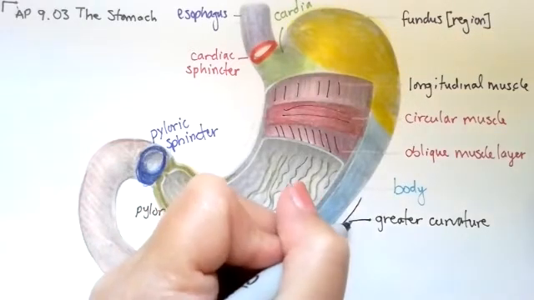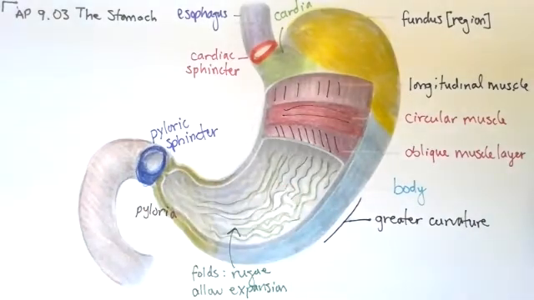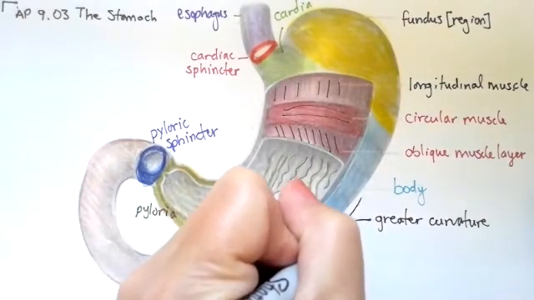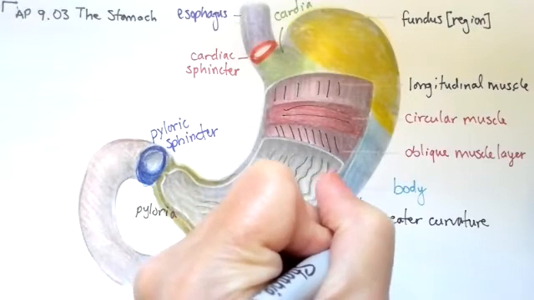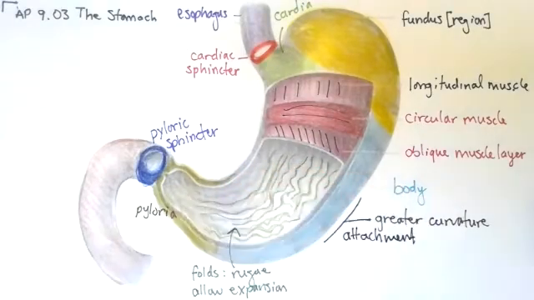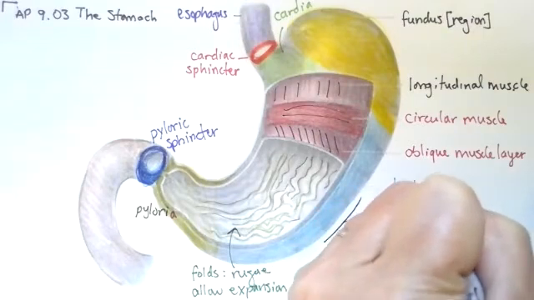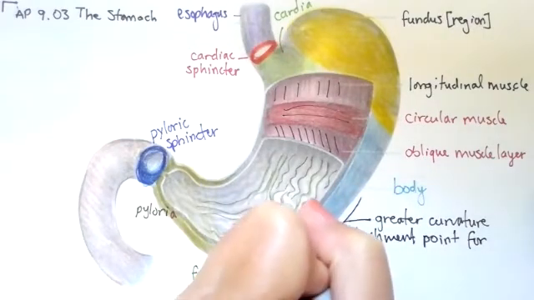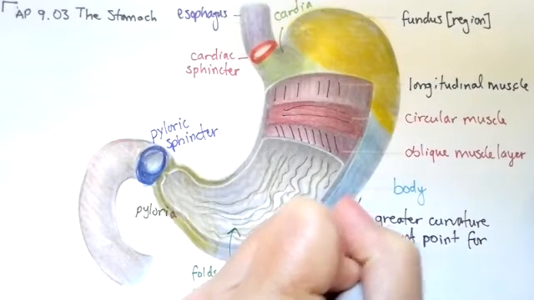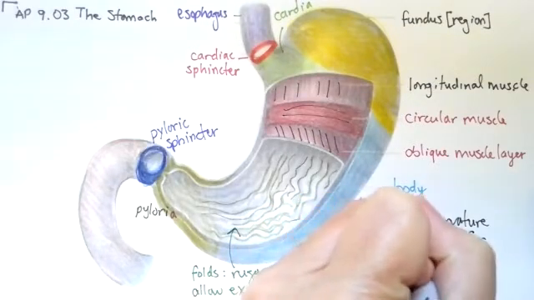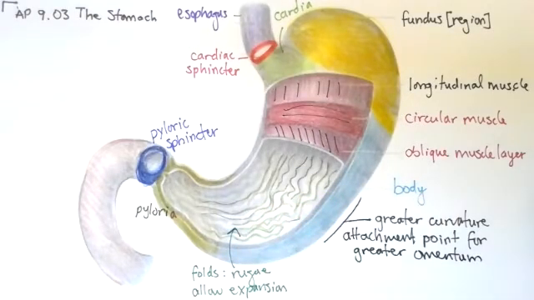And that membrane was called the greater omentum. This is where the greater omentum attaches. So this is the attachment point for the greater omentum on this greater curvature.